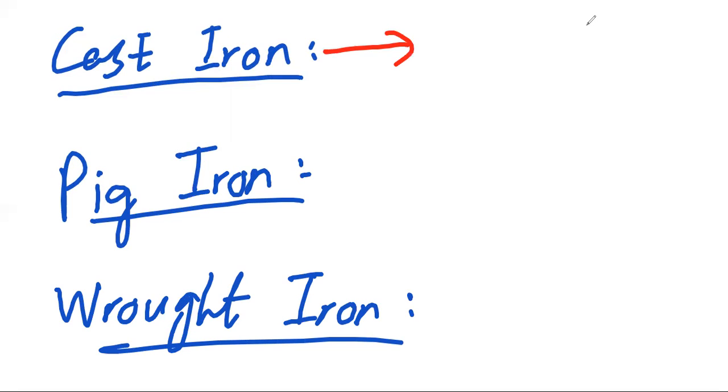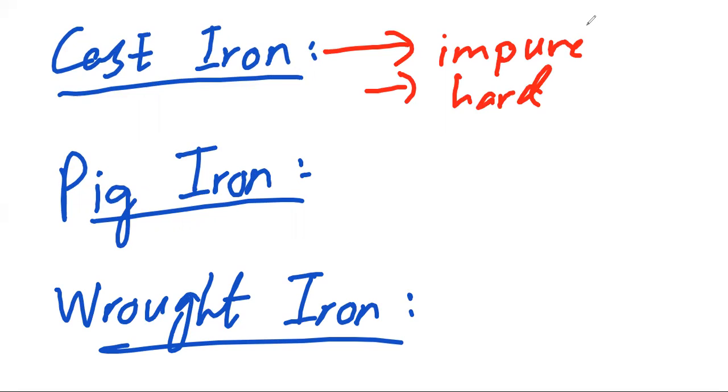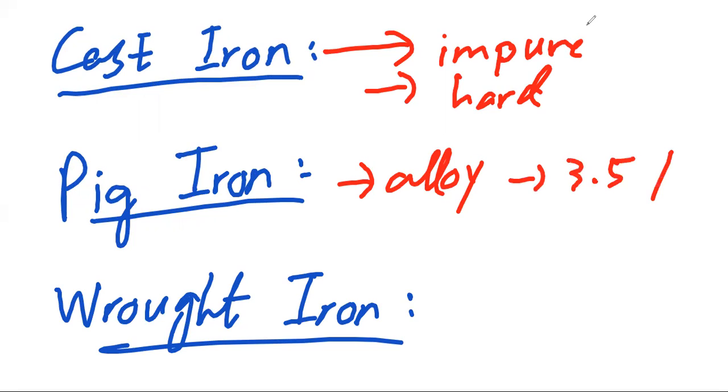Cast iron, the first iron obtained from the bottom of the furnace, is very impure and hard. Secondly, pig iron is an alloy containing about 3.5% of carbon, and many others like silicon, sulfur, manganese. These all combine with the iron to make an alloy.